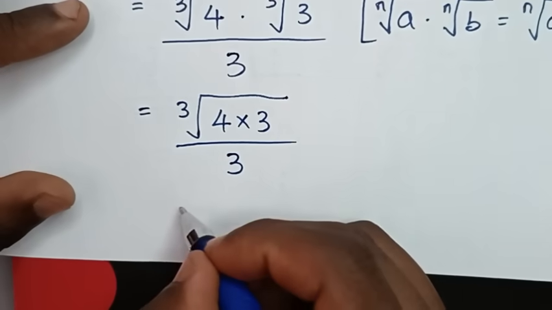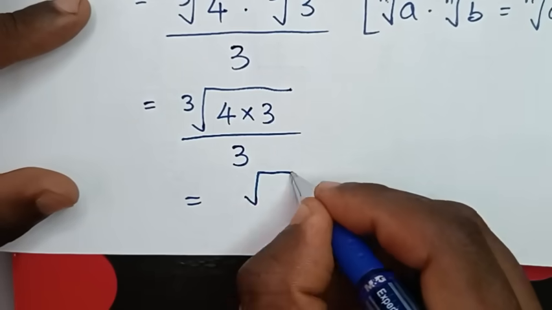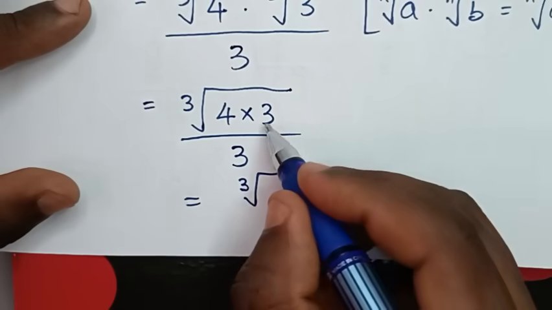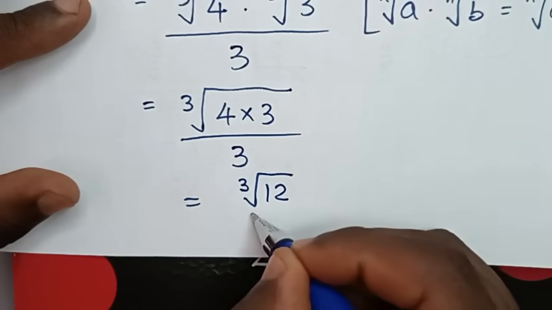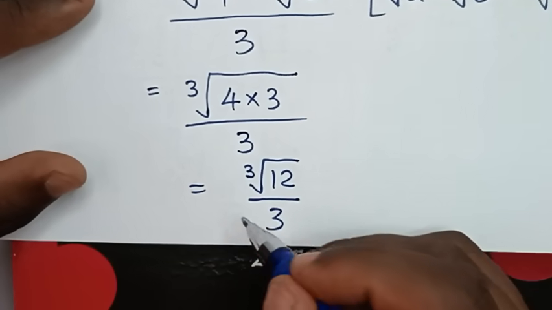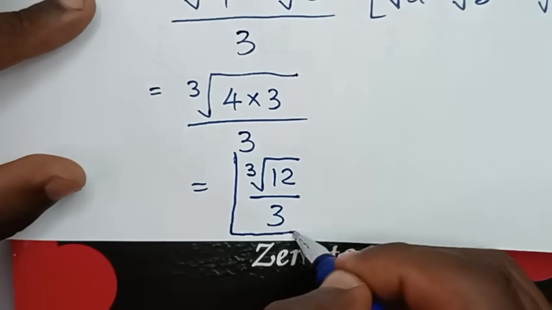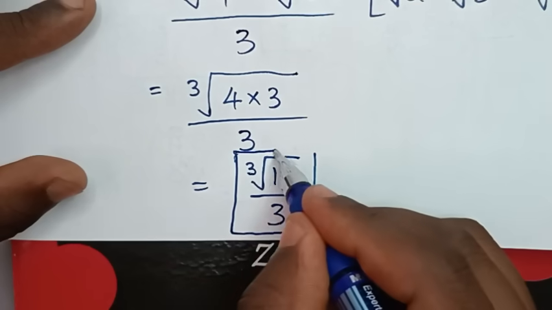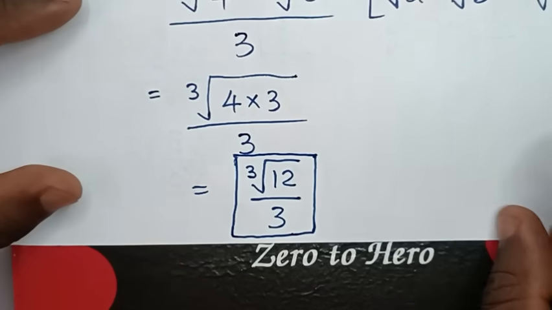So finally it will be equal to the third root of 4 times 3, which is 12, then over 3. So the third root of 12 over 3, this is the simplified form.